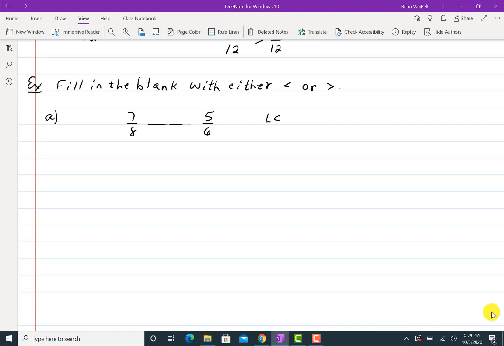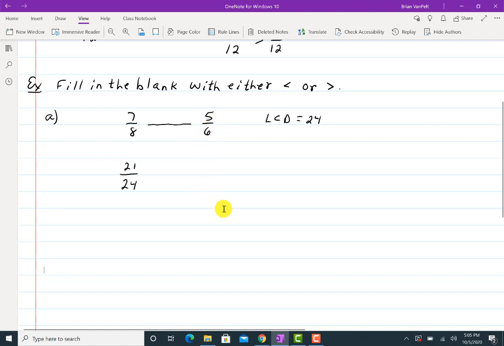Here, the LCD between 8 and 6 is 24. So what I'll do is rewrite the 7/8 as 21/24. So in order to make that happen, 8 times 3 was 24. So 7 times 3 is 21.